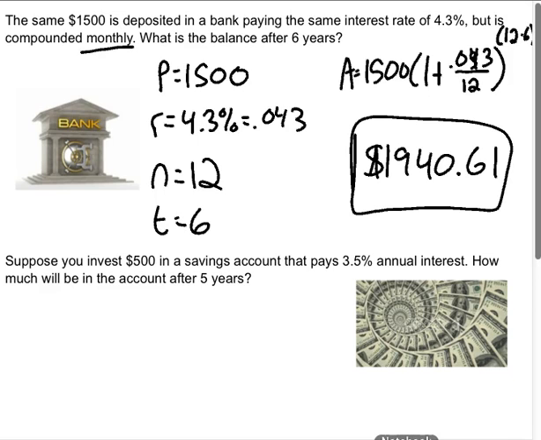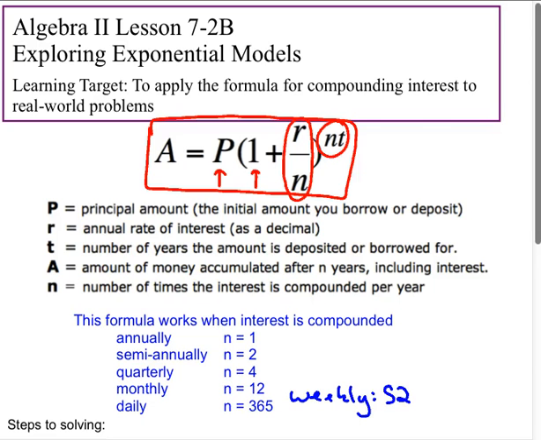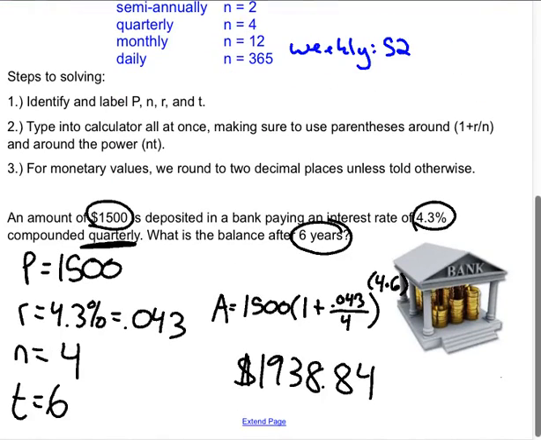So notice when it compounded more often, when everything else was the same, how were our values different? Well, it didn't differ by much, but the more that it was compounded, if you notice, you got a little bit more money at the end of that 6th year.